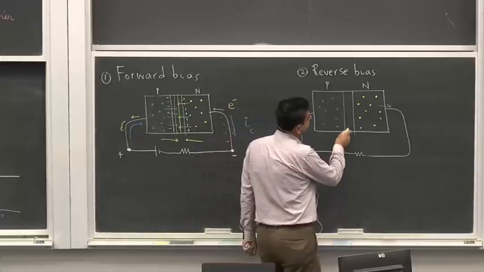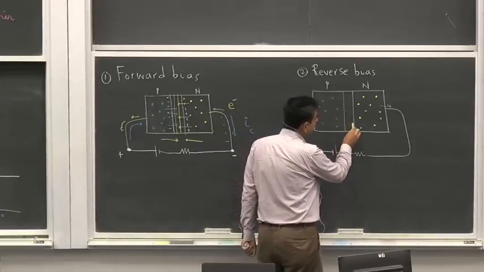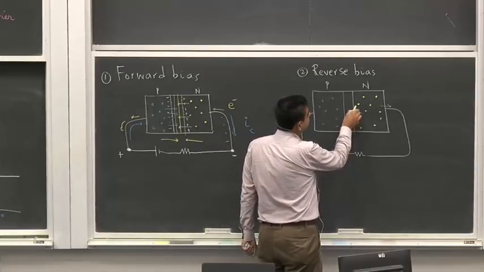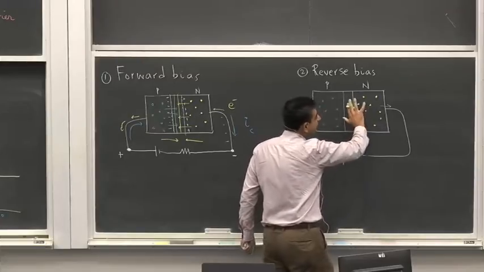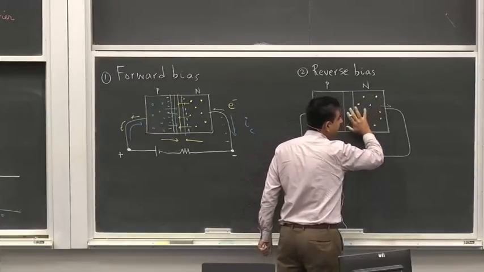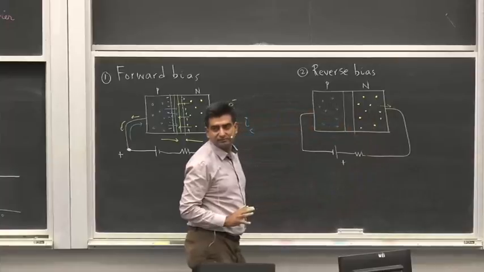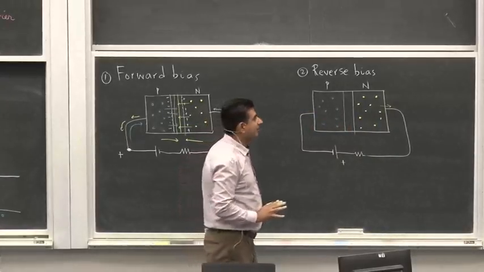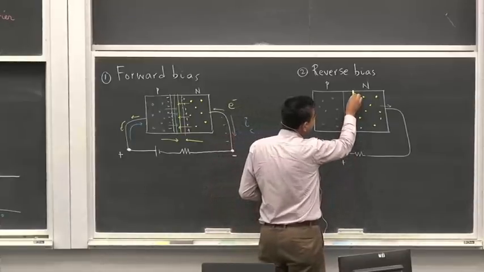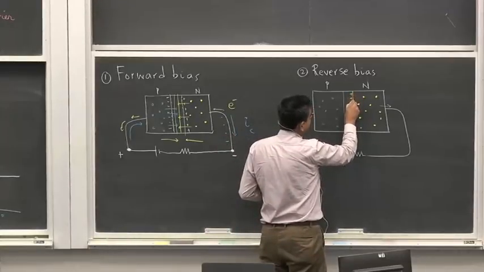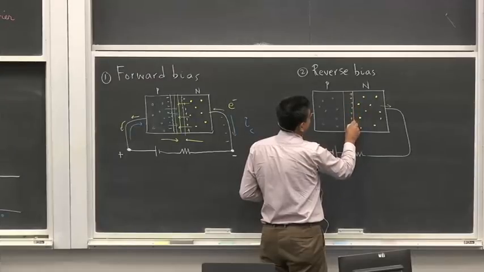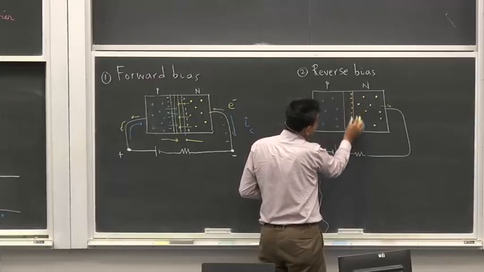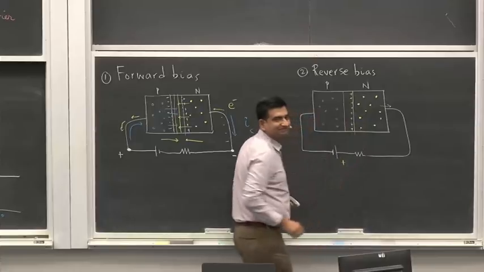What's going to happen as a result is that the electrons, the entire swarm of electrons, is going to be shifted towards the right. Okay? And now this positive charge here, as a result, this region is also becoming devoid of electrons.